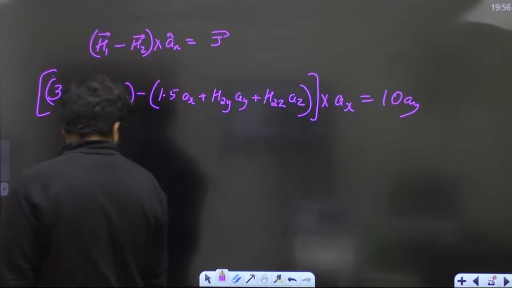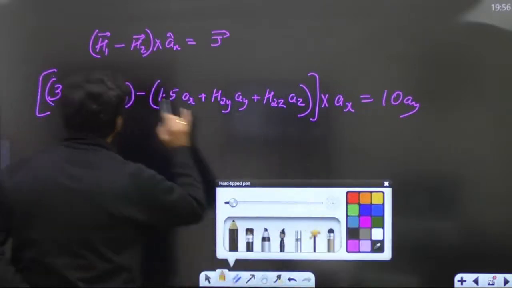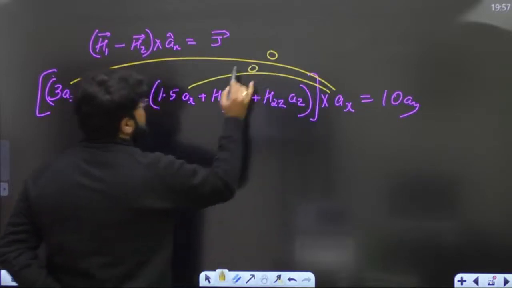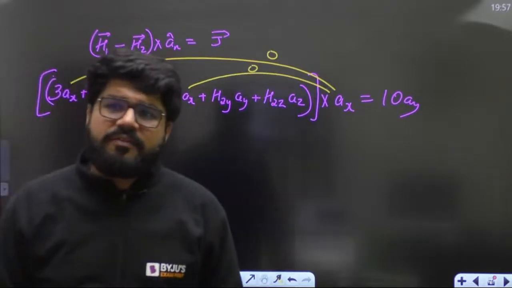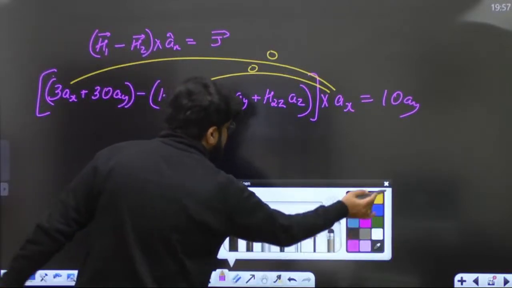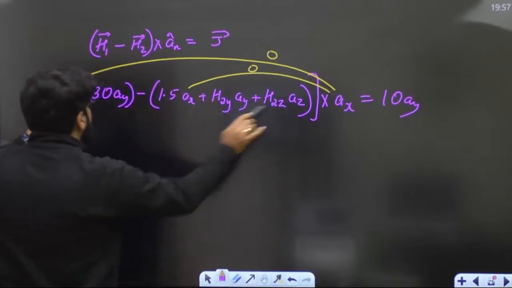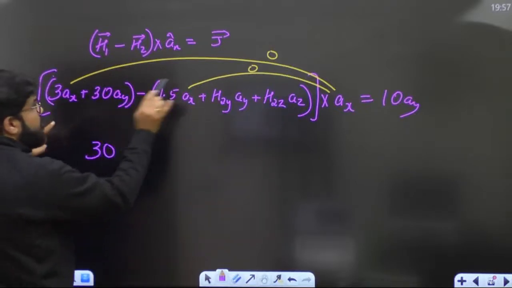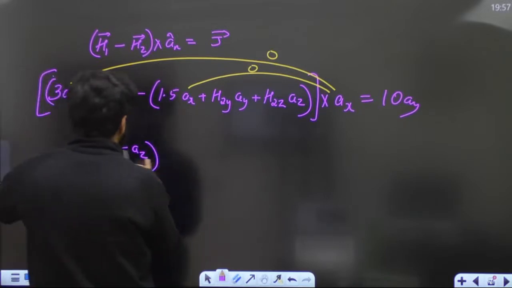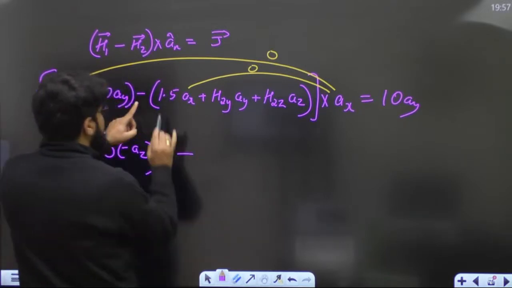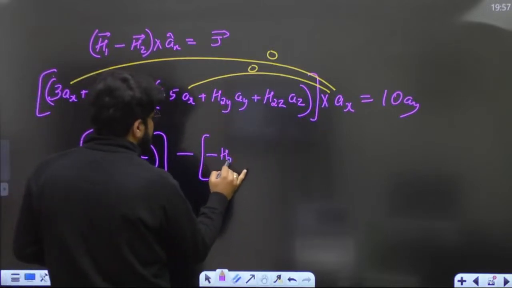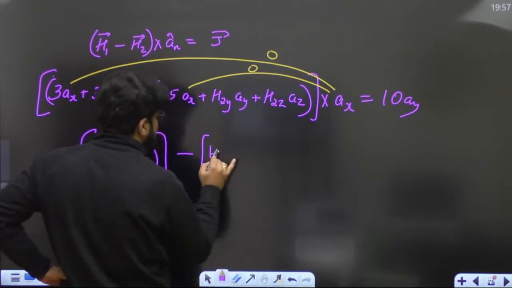From here the question will be solved. Okay, look guys, what is the cross product of x with x? It is 0. Cross product between vectors of the same direction is 0. So what is left is 30AY cross AX.